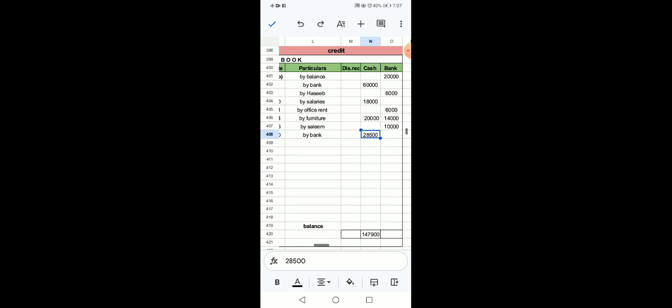Now the total is 126,500 because an additional amount of 28,000 is posted on the credit side of the cash book, which was entry number 30, and it was not posted, and after calculation of balance we have posted this amount. So the balance has changed, 126,500.